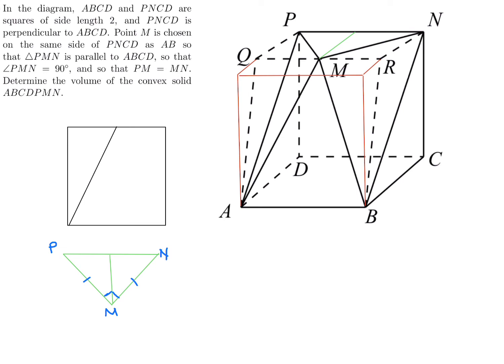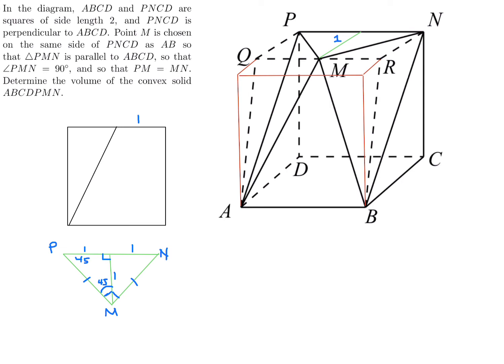And then PN was part of a square of side length 2, so this is 1, this is 1. This is a right angle, so that means this is 45 degrees, this is 45 degrees, so this is isosceles, and therefore this is also equal to 1. So that is equal to 1 right up here. That means this distance from there to there is 1.